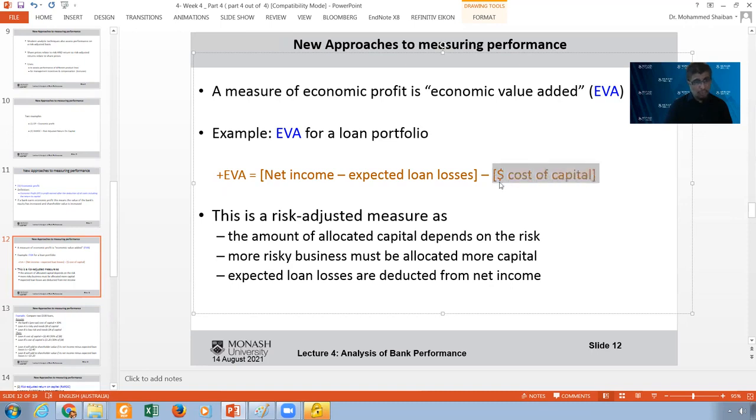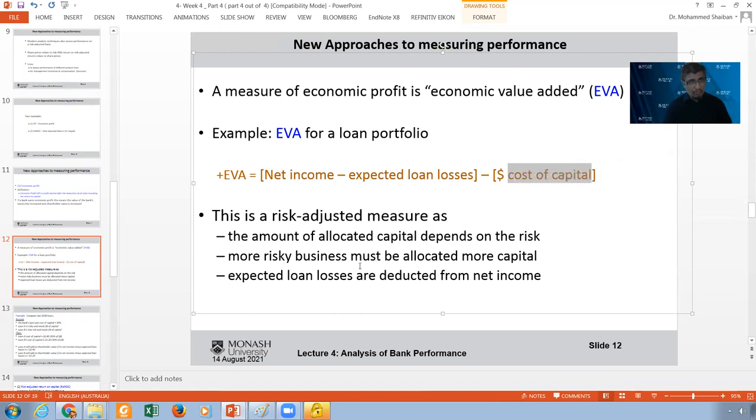More risky loans need more capital. This is a basic thing. So the allocated capital for this type of loans, if you still make profit out of it, then you still make a plus, then you are actually making what we call economic added value. So this is a risk-adjusted measure, as the amount of allocated capital depends on the risk.